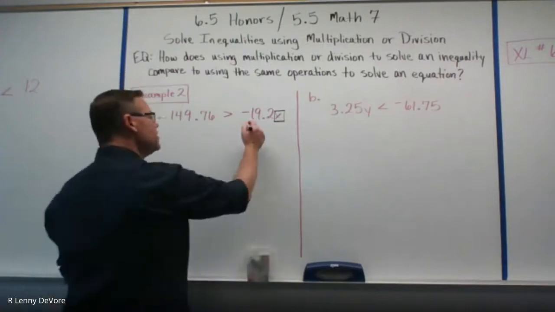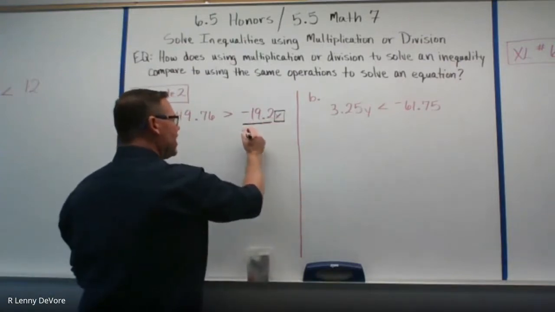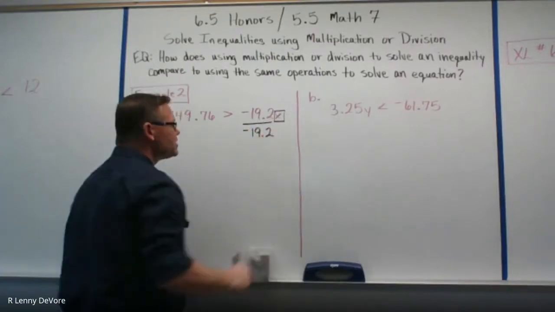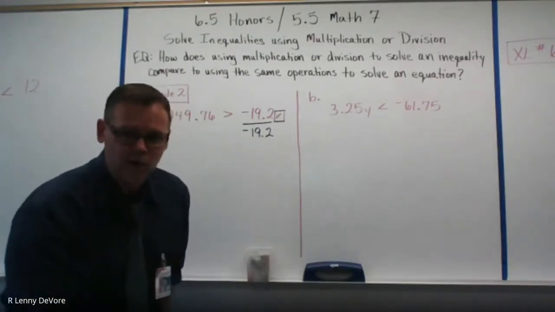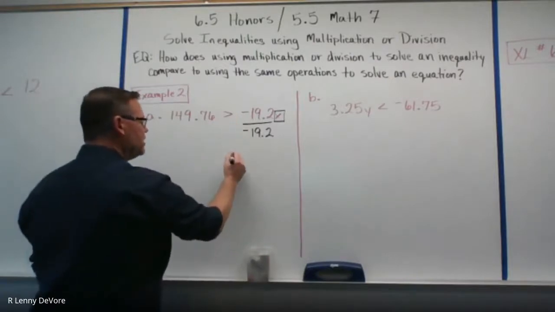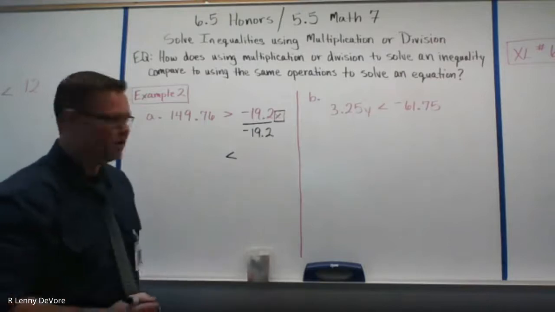So I'm going to use the division operation of equality. I'm going to divide by a negative 19 2/10. Now here's the thing. When I divide by a negative in an inequality, the inequality, see how this is greater than right now, needs to switch to the other direction. In other words, less than.